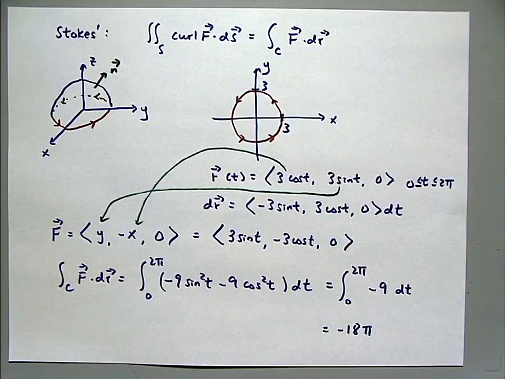Not terribly hard to do, but knowing Stokes' theorem now, we have a different choice we can go with. We could do a surface integral instead. So again, Stokes / Lord Kelvin said that you can do that, that's fine, or you can do that.